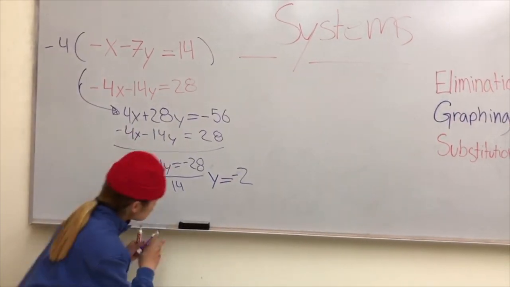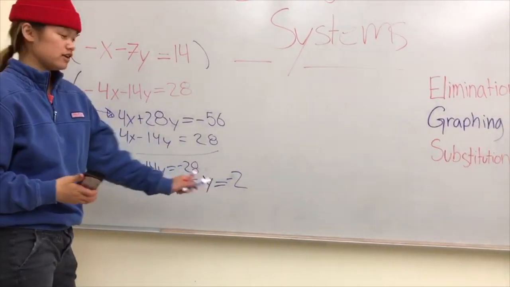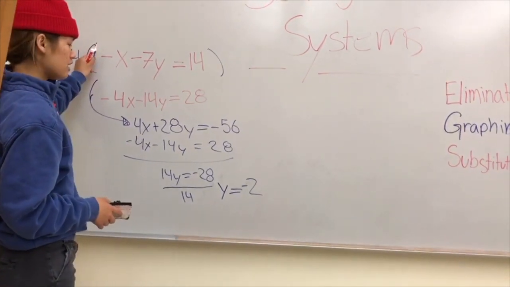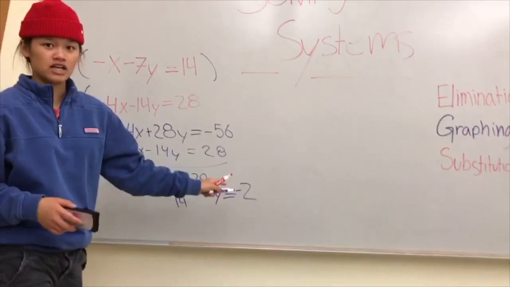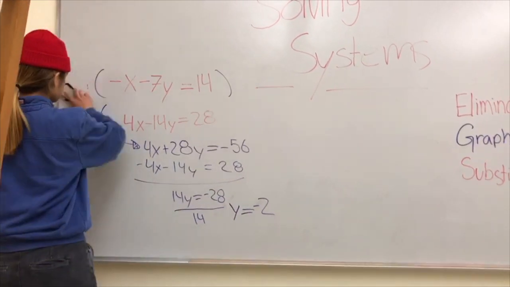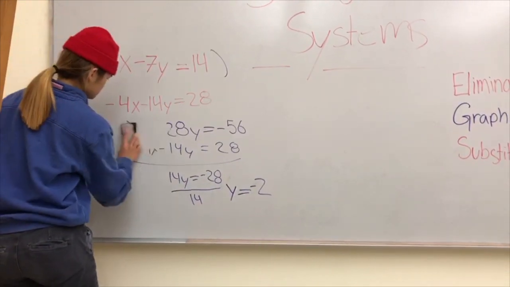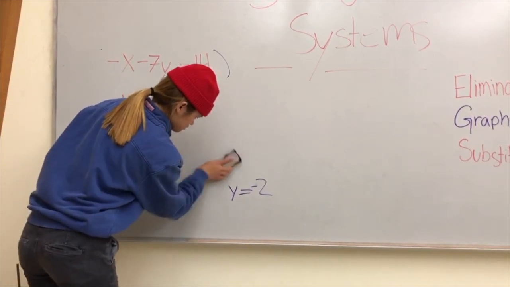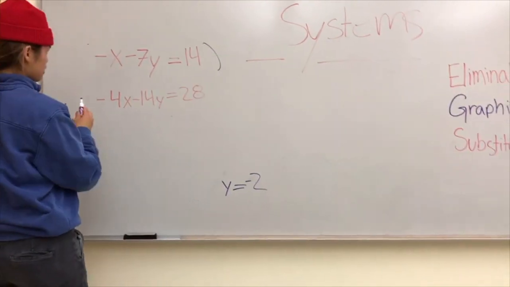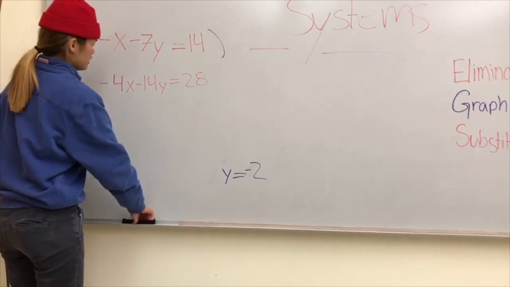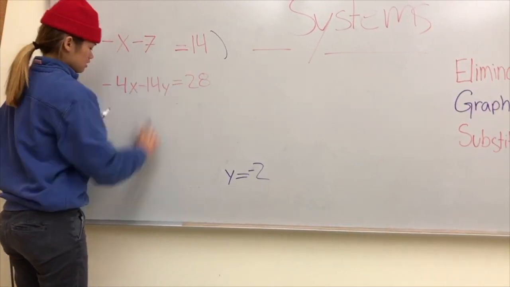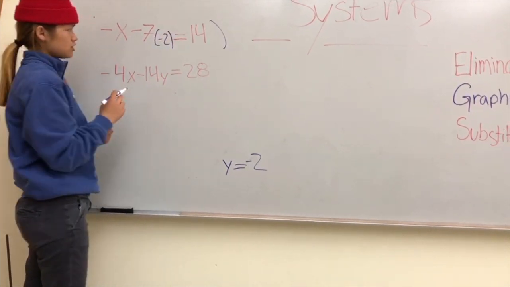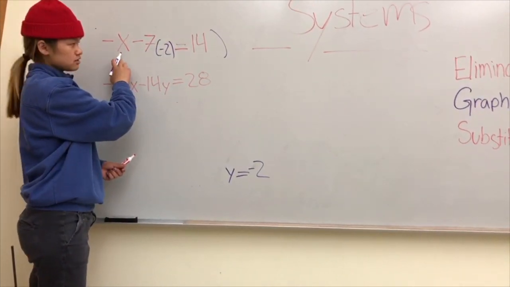So once you get the y value here, you're going to go back into the original equation and plug in -2 for y. So I'm going to erase the y and put in a -2. And by doing this, I can solve for x.